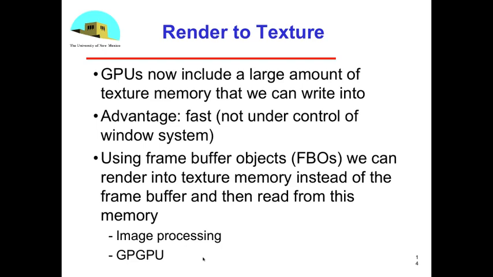They can be something like multiplying two very large matrices together, using the floating point power of the GPU to do that. So those are things we're working toward. What I want to do first is talk about texture mapping, and then we'll work our way up to talking about rendering to texture.